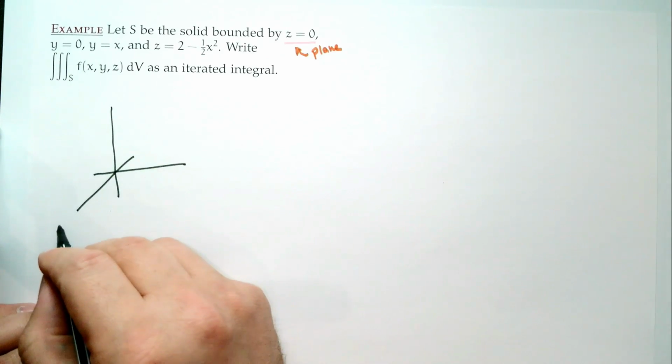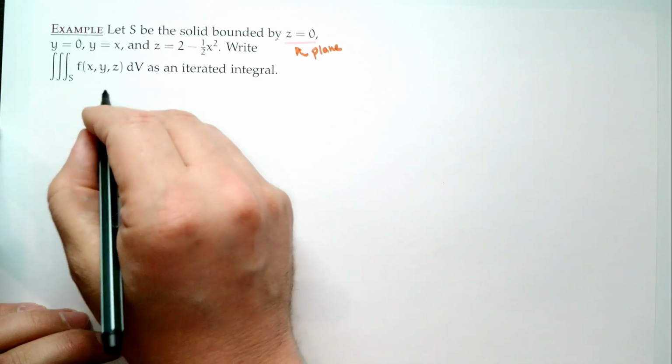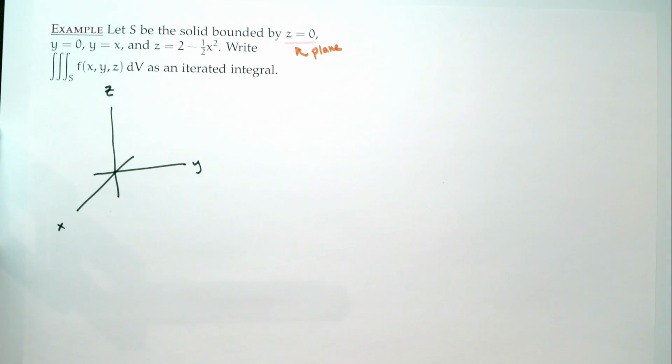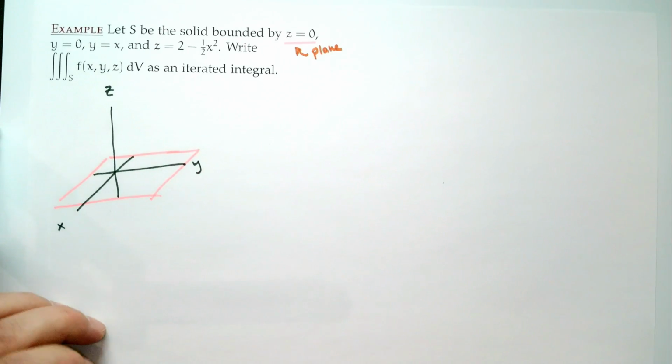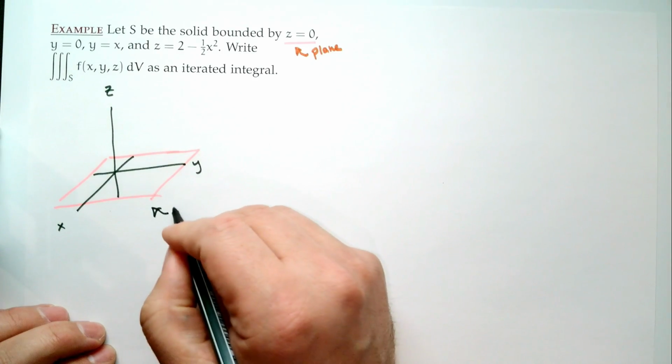So if I have my coordinate system, here's my x, y, and z, and I want to figure out what the plane is, well, where is z equals 0 in this diagram? Yeah, it's the xy plane. It's this plane here. So that's sort of the floor. So we have z equals 0 is this bottom part here.